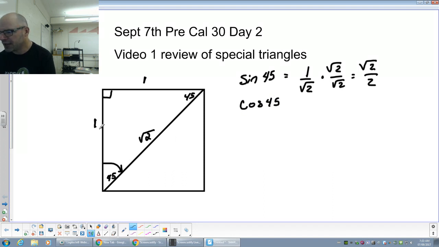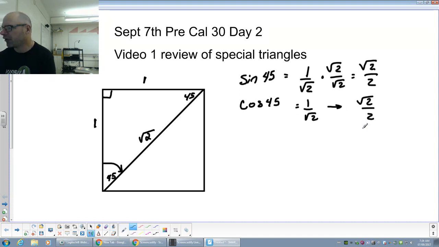Cosine is adjacent, so the adjacent side would be this one over root 2. So it's the same answer in this case. And then if we rationalize that, root 2 over 2. Oops, root 2 over 2, not root 2 over root 2. Fix that up. Root 2 over 2.